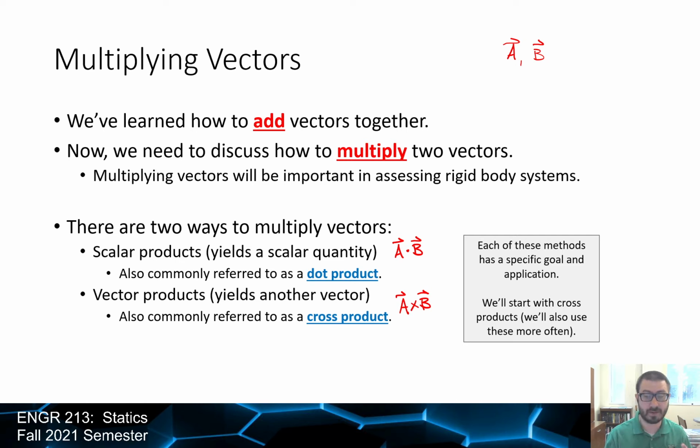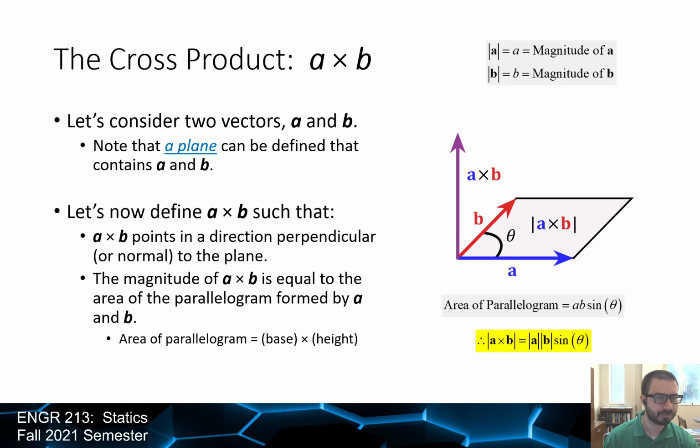And so what we're going to be focusing on today is the cross product, which admittedly is the more difficult one, but it's the one that's more immediately useful to what we're doing in statics. Now, in order to generate a formula for the cross product, we really need to define what we want the cross product to be at the end of the day.